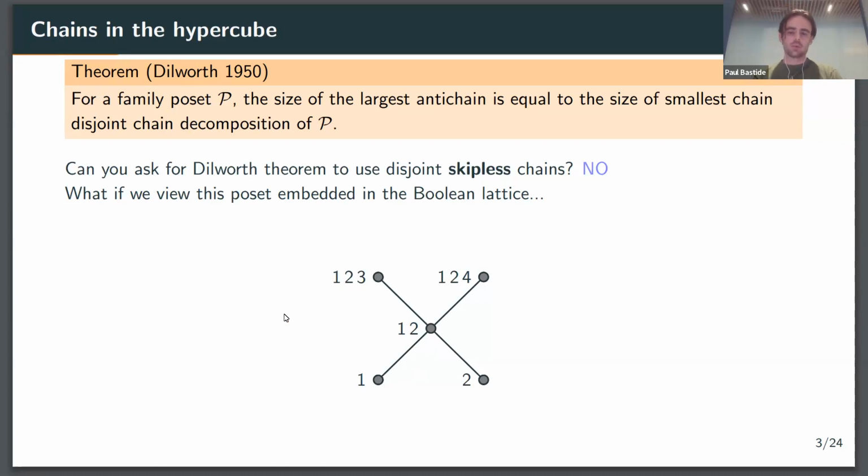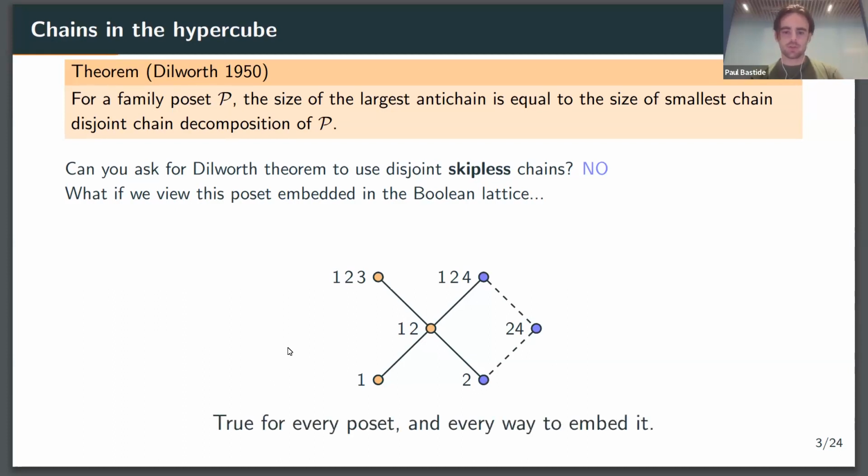But now that we are in the Boolean lattice, in fact, there is some other element on the side, this 2,4 element. And thanks to this 2,4 element, we can find a cover using only two skipless chains of this poset.